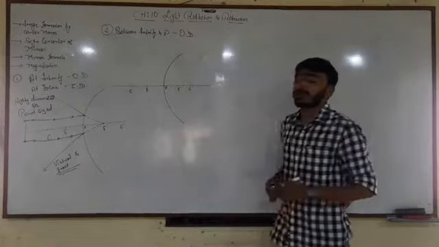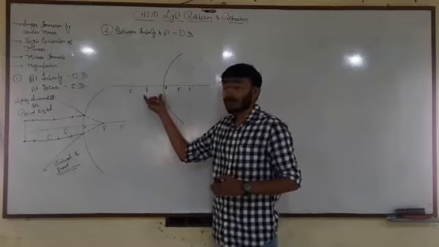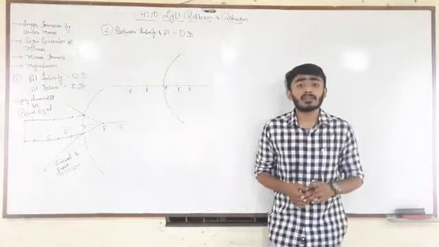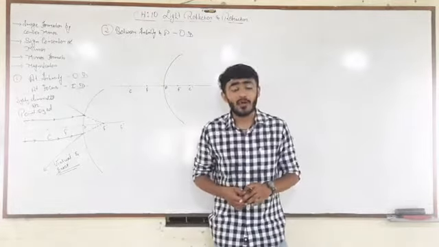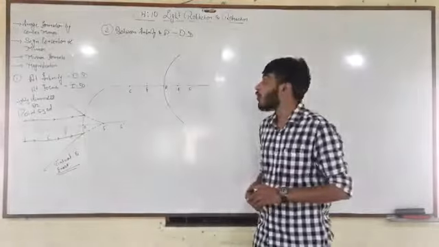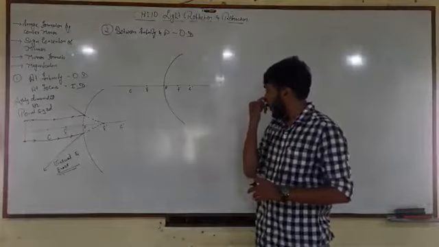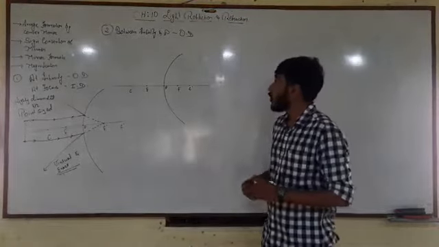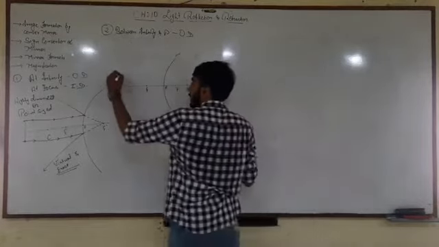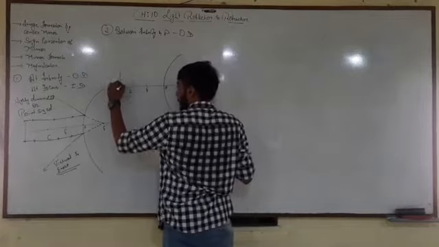I hope you know that the focus is half the distance of the center of curvature from the pole. Also we can say that R is equal to 2F, or F is equal to R upon 2. So these are the things we need to draw. Now if the object is kept between infinity and pole P, I can keep something over here.